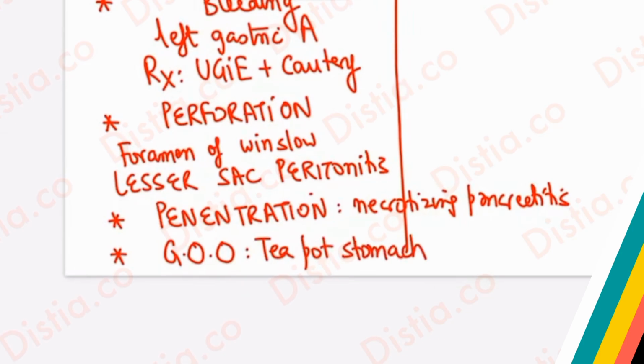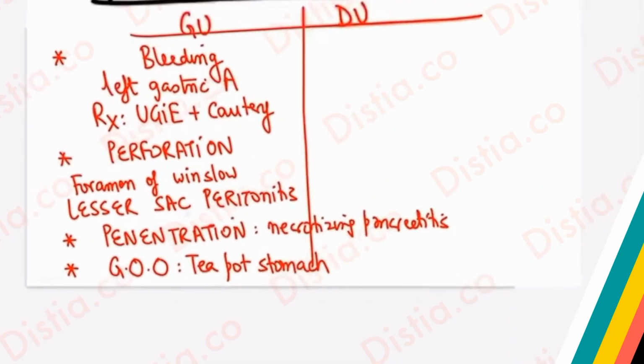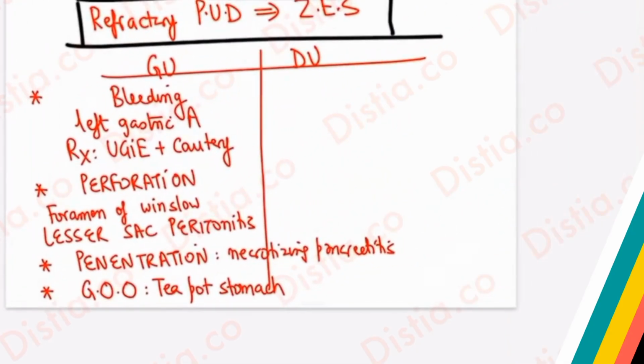So please remember, the term gastric outlet obstruction or pyloric stenosis does not only mean that there would be narrowing at the level of the duodenum when it comes to a duodenal ulcer. Gastric outlet obstruction can also occur in a gastric ulcer with respect to the pylorus or the pylorospasm that will develop and the reactive fibrotic changes that will occur, and therefore the term used is teapot stomach.